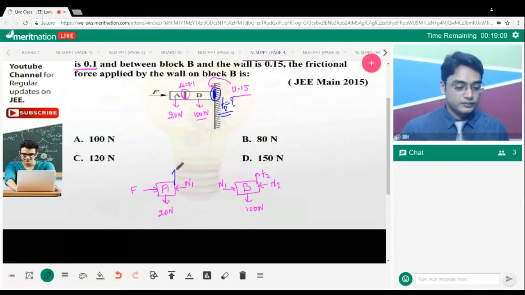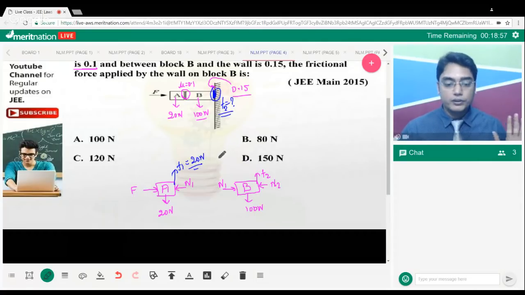Let's suppose this is F1 and its value must be equal to 20 Newton. Why? Because it is given that block A is at rest. If F1 is 20 Newton, only then it can balance 20 Newton. Very good. And we all know the property, so here it will be F1 whose value is 20 Newton.